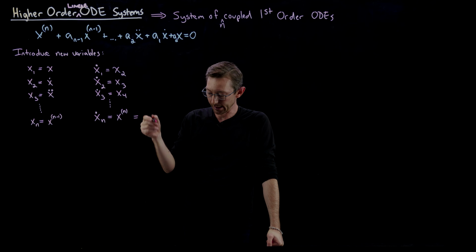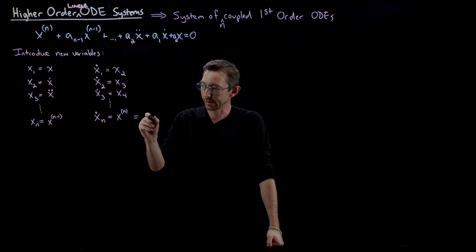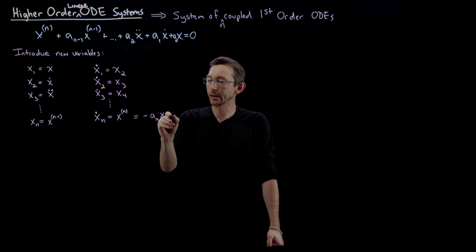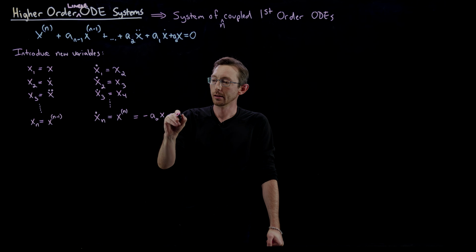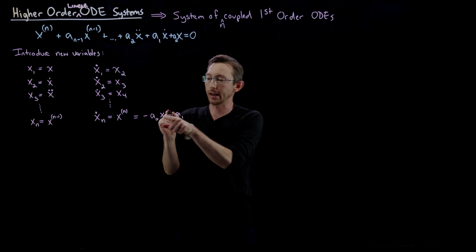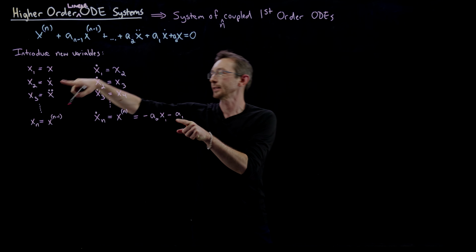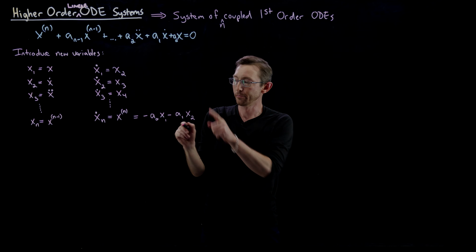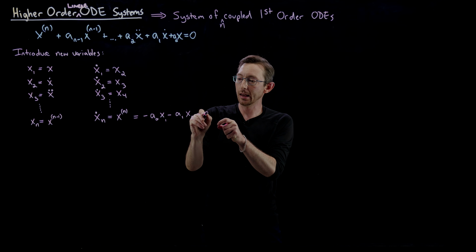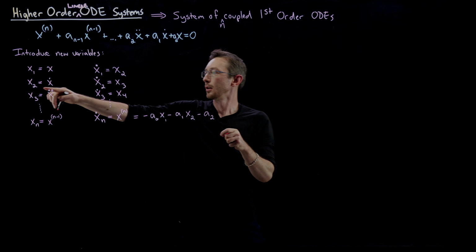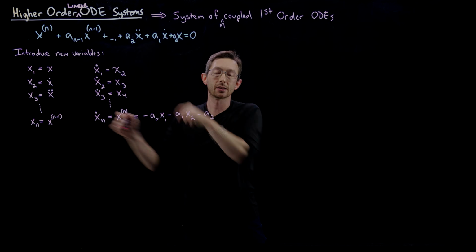I'm just going to do it. It's minus all of this stuff: minus a naught x. So x is just x1, so minus a naught x1, minus a1 x dot, which is x2, minus a2 times the second derivative, which is x3.